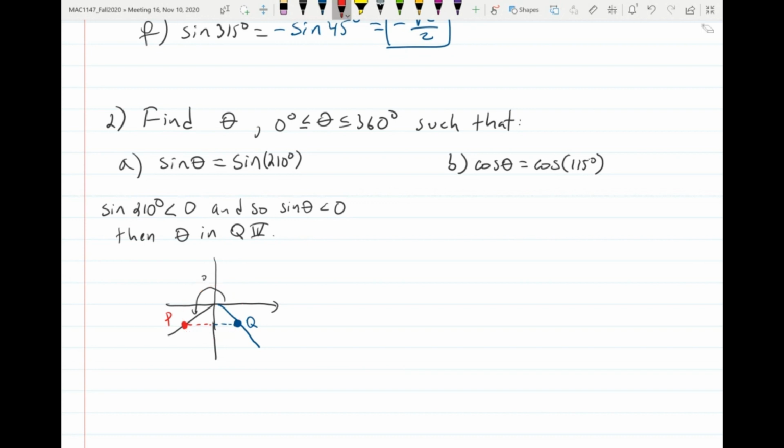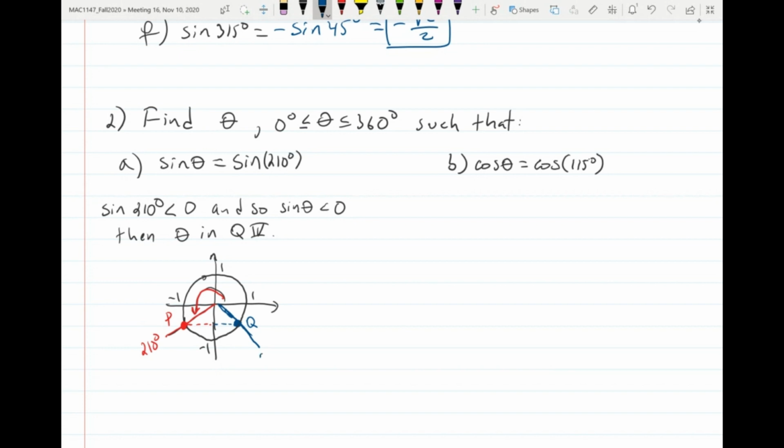Let me do this more nicely. So this is 1, negative 1, 1, negative 1. Right here, we have our angle 210. This is the terminal side of 210. And the one that we're looking for is this one right here.